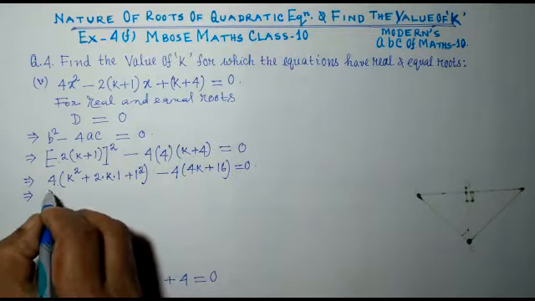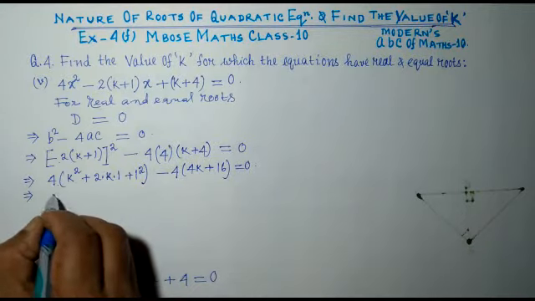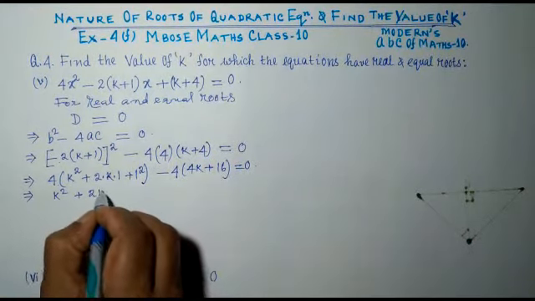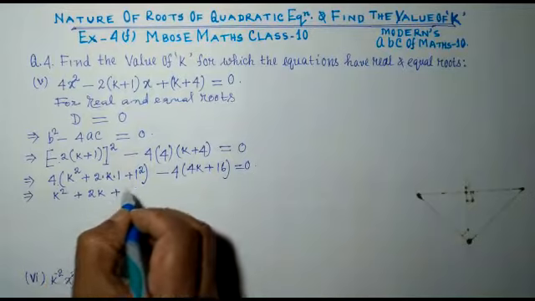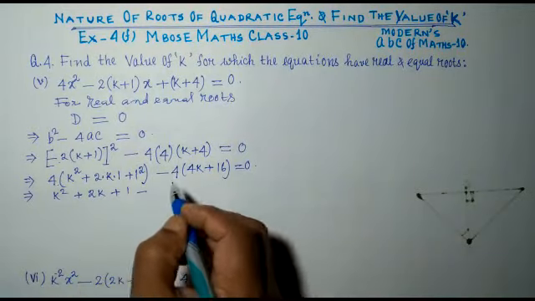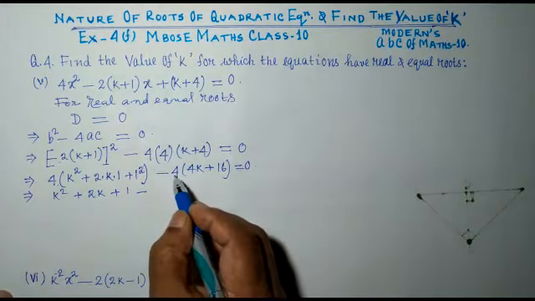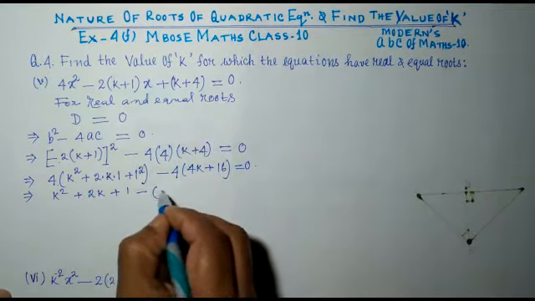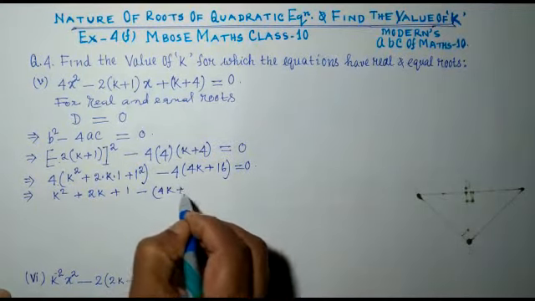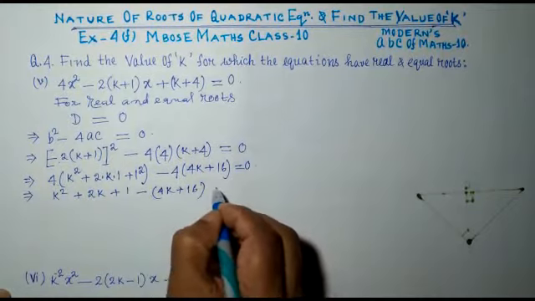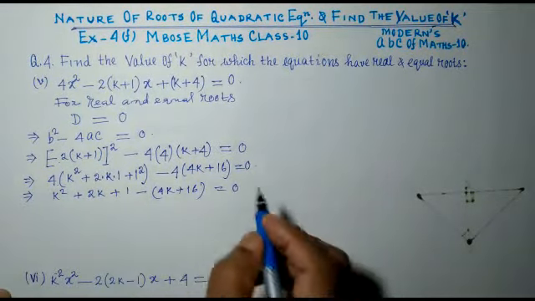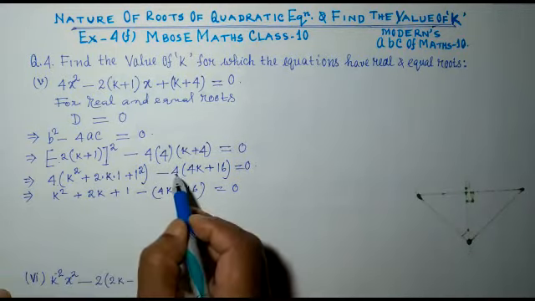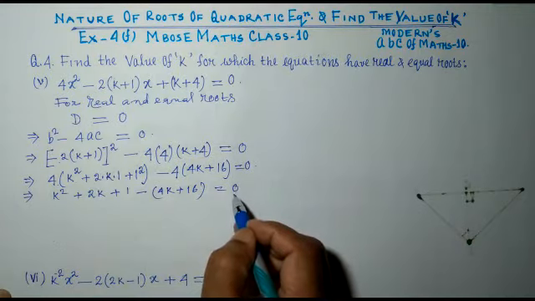So it will be k square plus 2 into k into 1 plus 1 square is 1, minus 4k plus 16 is equal to 0. So we have divided both sides by 4. So here no more 4 and here also no more 4. And this 0 also we have divided by 4.